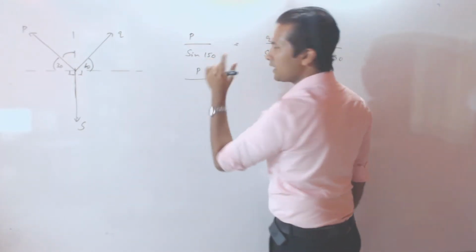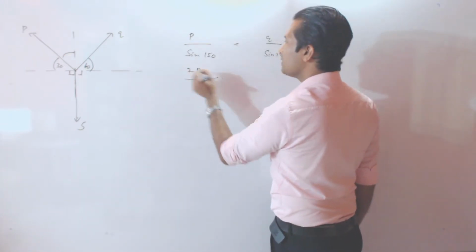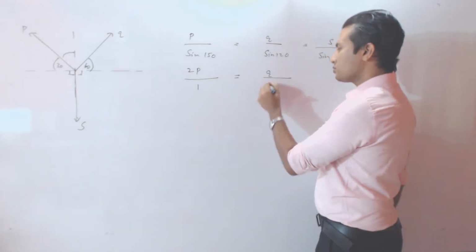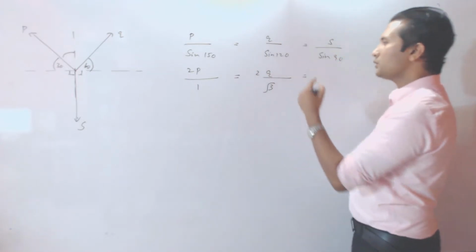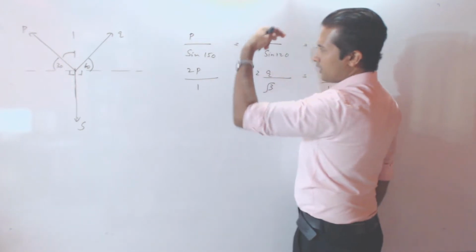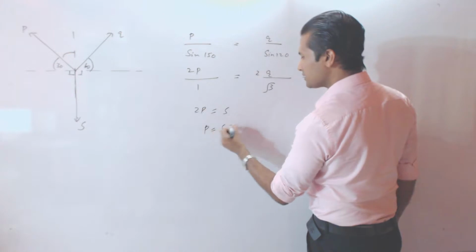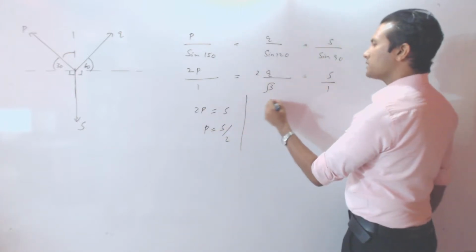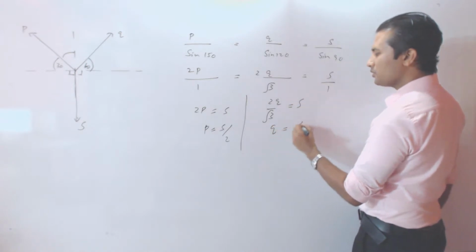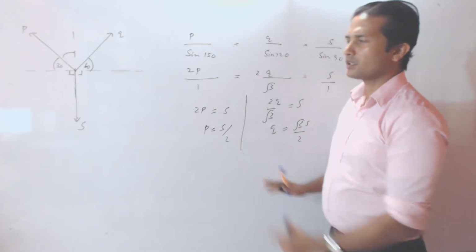We know that sine 150 is equal to sine 30, that is 1 over 2, 2 goes up, and sine 120 is equal to sine 60, that is root 3 divided by 2, again 2 goes up, and sine 90 is 1. So now we can take 2P as S, which means P equals S divided by 2, as well as 2Q divided by root 3 equals S, which means Q equals root 3 S divided by 2. Those are our conclusions.